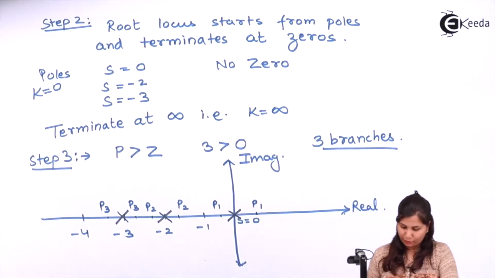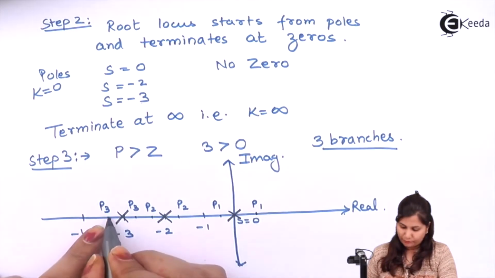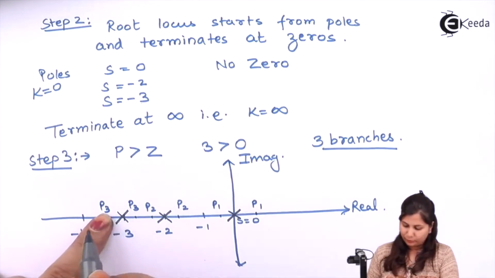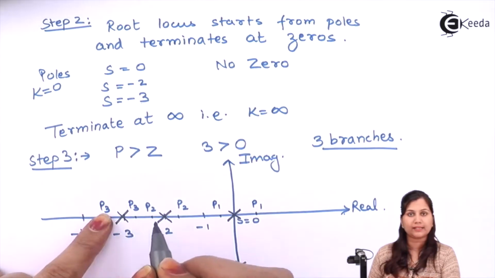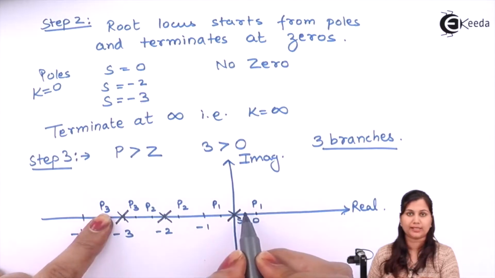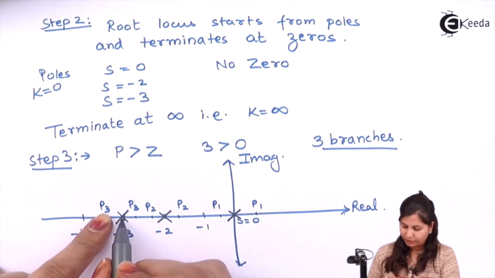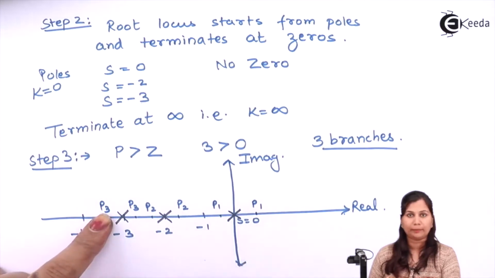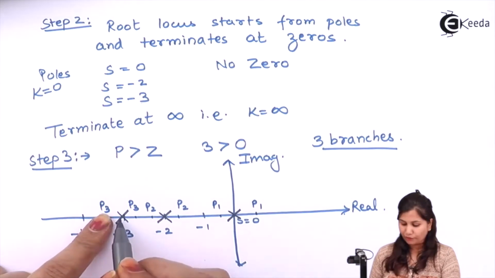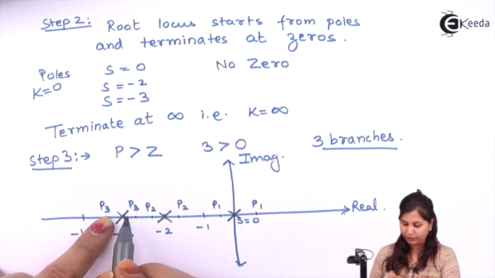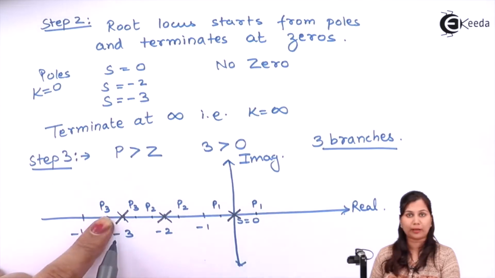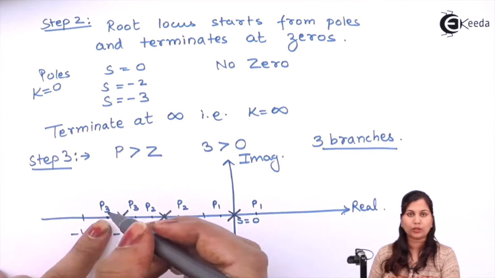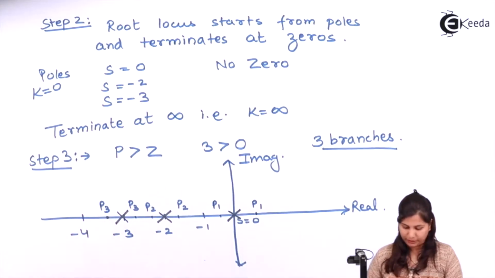So if we start from this point, then calculate the number of poles and zeros on the right hand side of this point. We have 1, 2, 3, 3 poles on the right hand side of this point. So the direction of the root locus for this pole, s equals minus 3, will be towards this point.